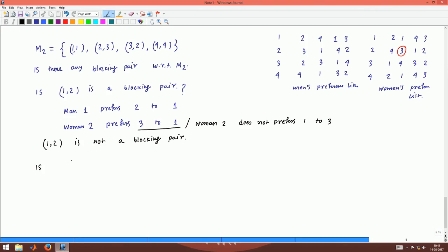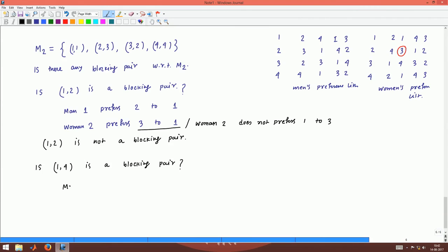The second question: I said that only man 1 is unhappy because he is matched with his third preference. So the other possibility is that (1, 4) could be a blocking pair. So the question is, is (1, 4) a blocking pair? First we check whether man 1 prefers 4 to his matched partner. His matched partner is 1, but he prefers 4 more compared to his matched partner.